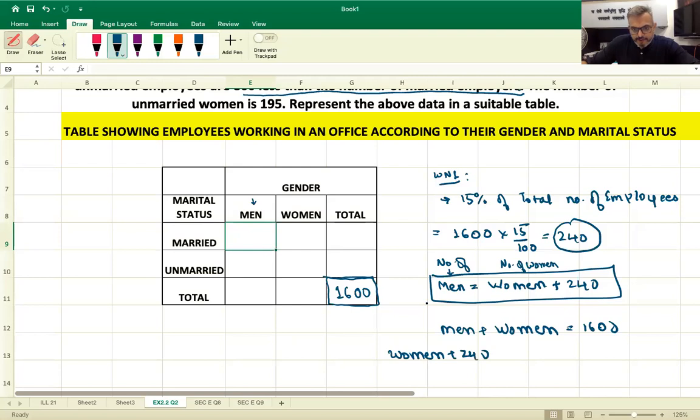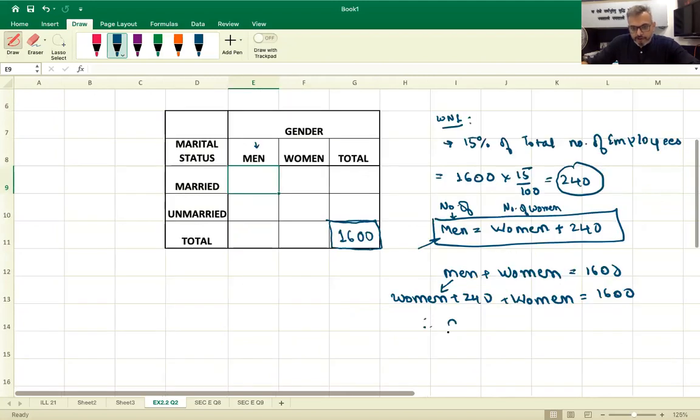So men is women plus 240, plus women, is equal to 1600. Therefore, 2W, I'll take W for women, is equal to 1600 minus 240, which is equal to 1360.